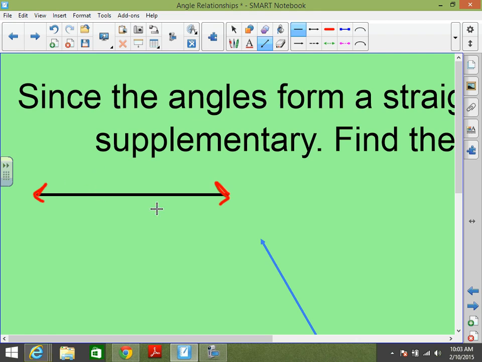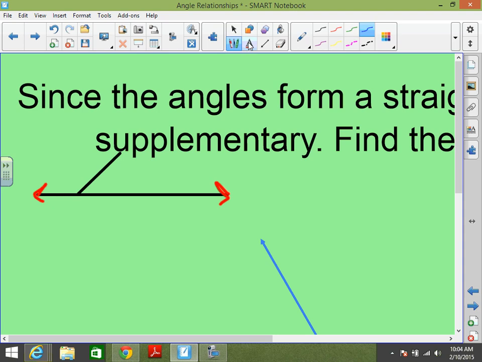I'm going to add a line anywhere I want to on this line. There's my line. Now, like I said, I can add this line anywhere I want to. I can move it. So I'm just going to choose to let it land right in here. Okay, you follow me?